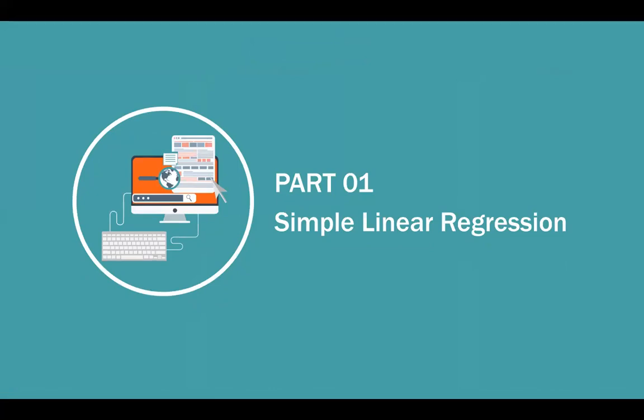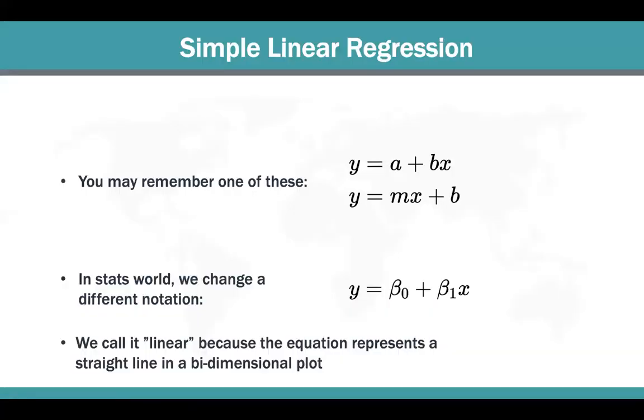So let's go ahead to part 1. It's called simple linear regression. We are using the linear equation from our high school years. You might remember one of these equations where y is a function of x. In statistics, we like to use Greek letters, and we are going to be using a slightly different notation.